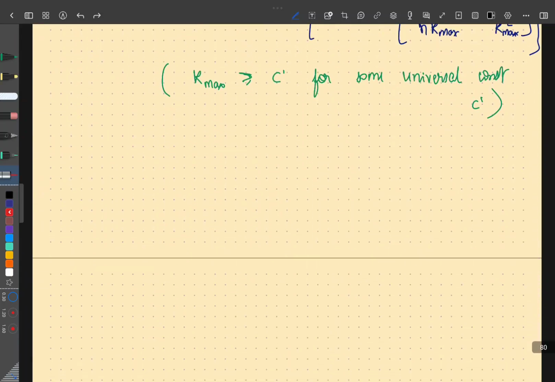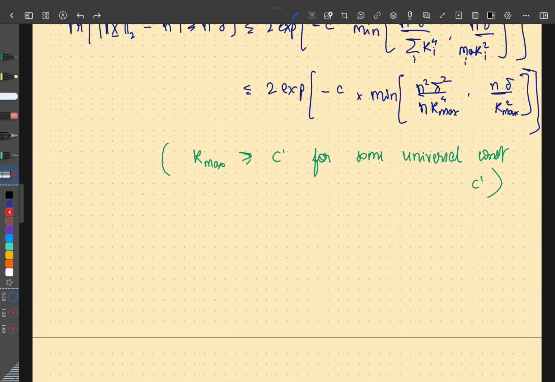So basically, why I want this is because k max to the power 4 is greater than or equal to some universal constant times k max square.